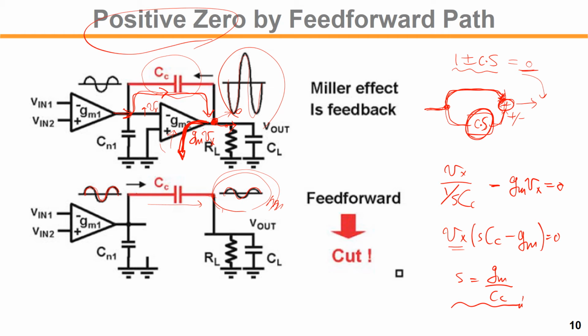You can understand that intuitively like that. If you add signals in a destructive way, then we introduce the zero. So add the signal in a destructive way, positive zero.